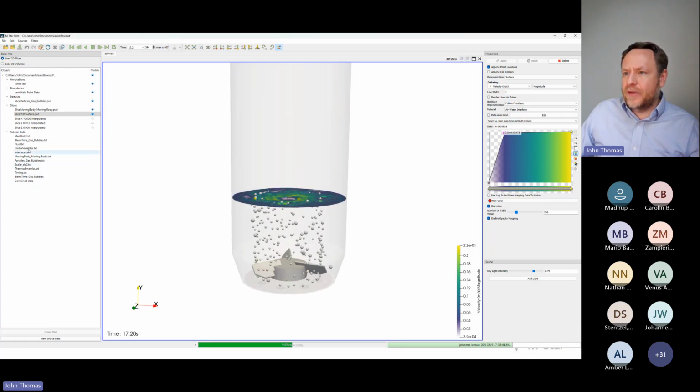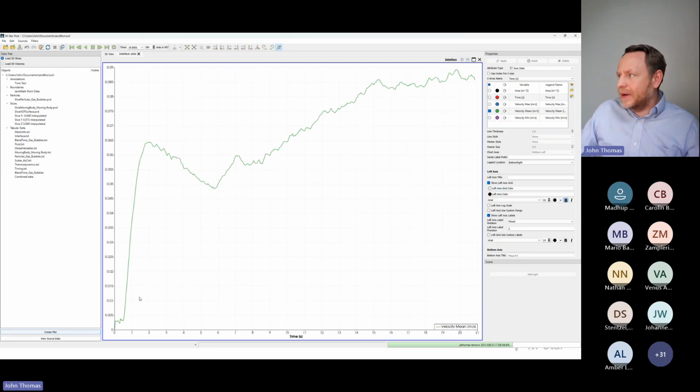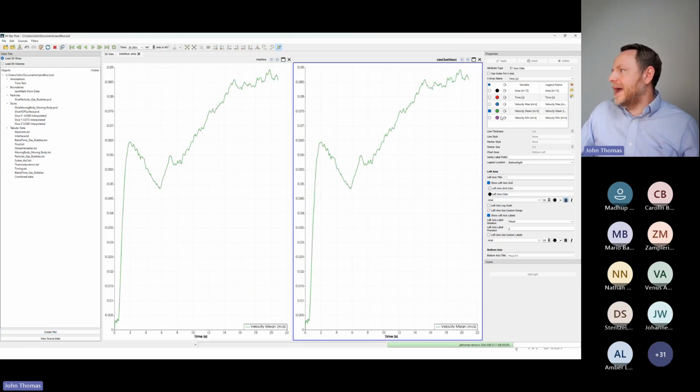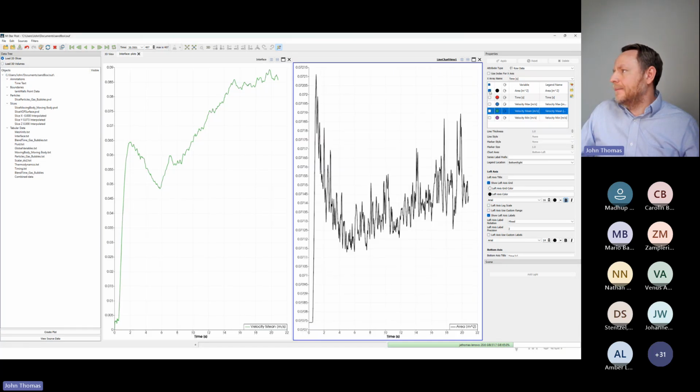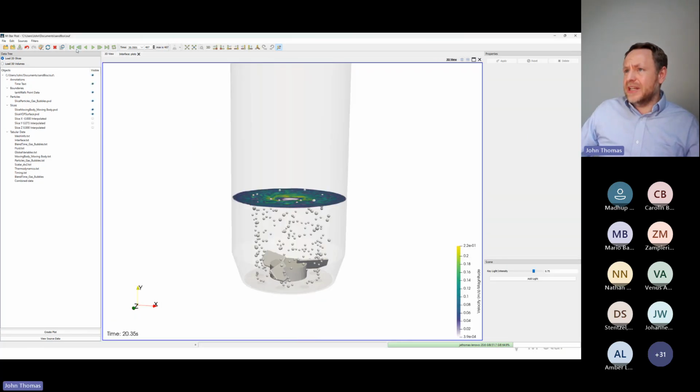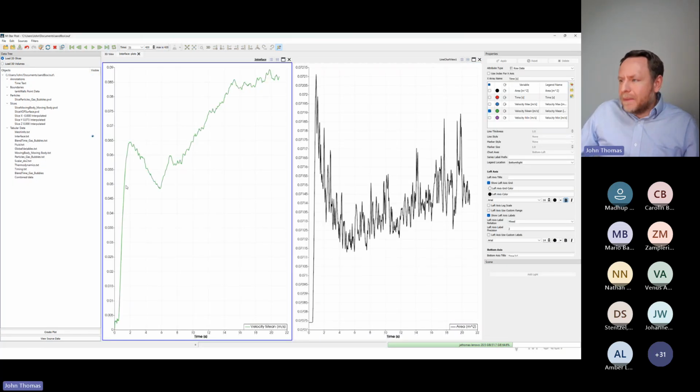I can calculate, for example, from the simulation exactly what that interfacial area is, as well as the mean velocity. This precesses around 0.08 or so. But foundationally, from a simulation, I can extract what the mean velocity is and the area of that interface.